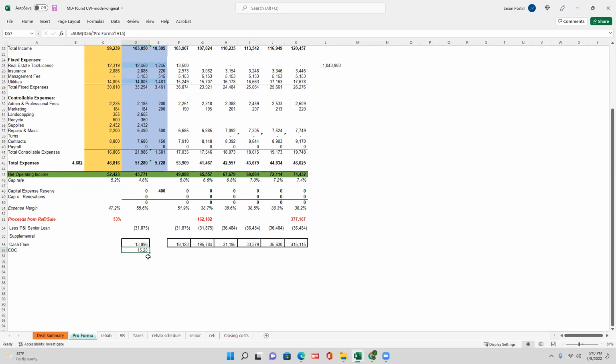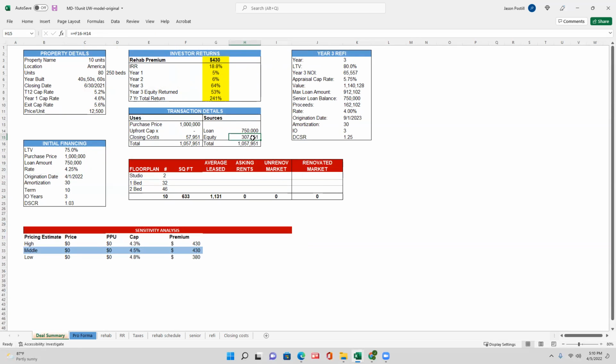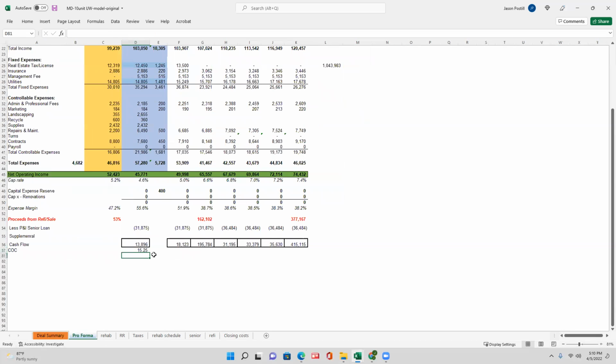Because I thought you did the debt, or you did the closing cost number. No. That's not what you have in the formula. Oh, did I hit that? I don't know, I thought you did. 307,951. So here it is. Yeah, you might be right.